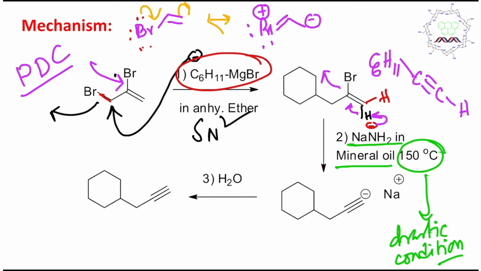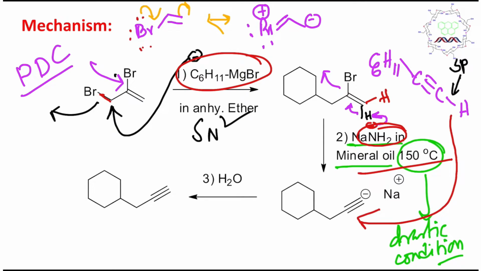So it produces a terminal alkyne, but in this context there is a twist. This bond is an sp hybridized carbon-hydrogen bond, and it is pretty acidic. In the presence of this very strong base and drastic condition, this proton gets abstracted and the reaction actually ends here, with formation of the terminal alkyne's carbanion, or acetylide derivative.